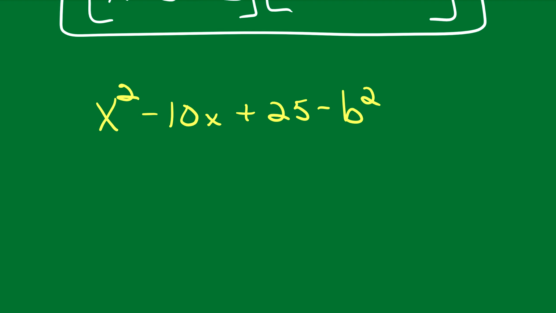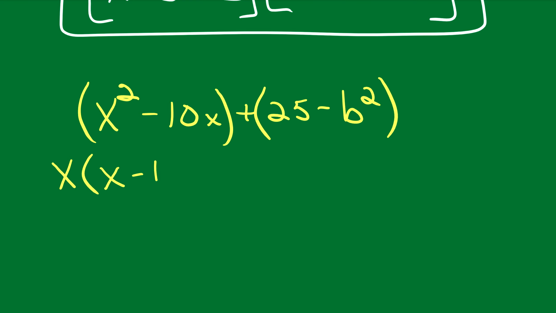But it happens to me when I look at that to say, oh, it's a 4-term polynomial, so I'm going to group them. And if I group it like this, on the left side I'm going to take out an x, and I'm left with what? x minus 10. Okay, check that, make sure I'm right. Of course I'm right. And then over here I got a plus sign, and here I can't factor anything out.